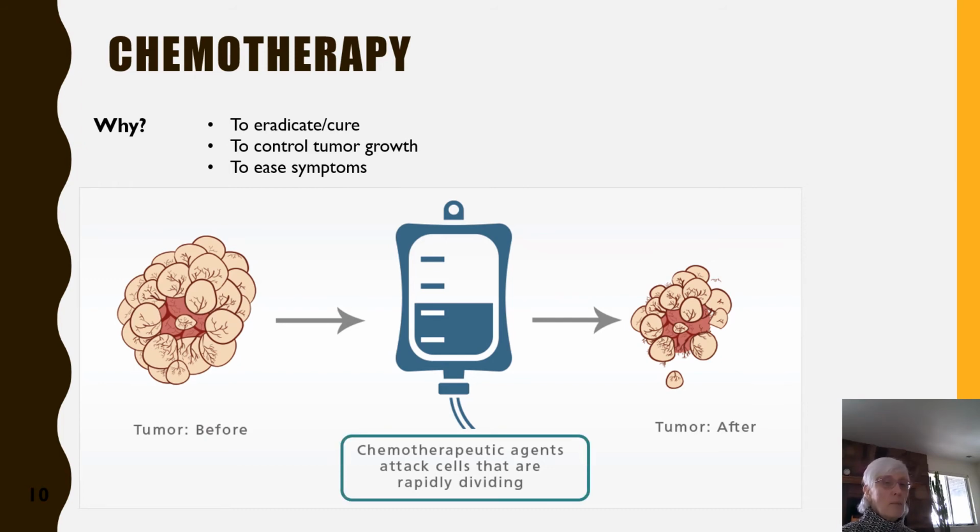The chemotherapy agents that are used, the chemicals that are used, are meant to attack cells that are rapidly dividing. So of course, tumor cells are generally rapidly dividing, but so are other cells in your body. So the chemotherapy agents are attacking all cells that are dividing at a relatively rapid rate.